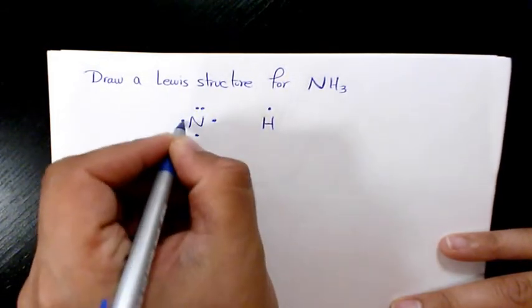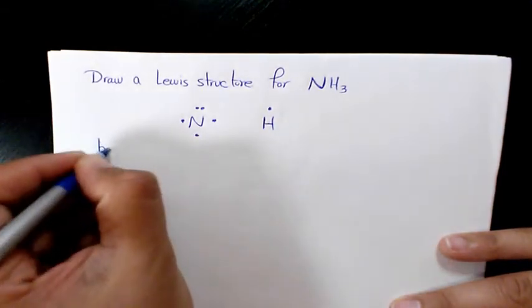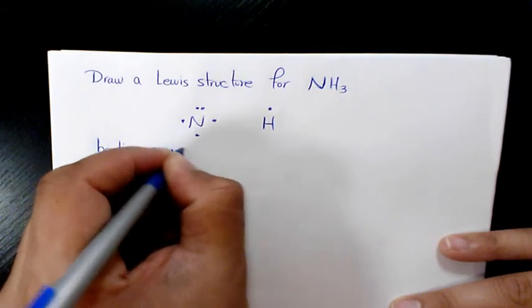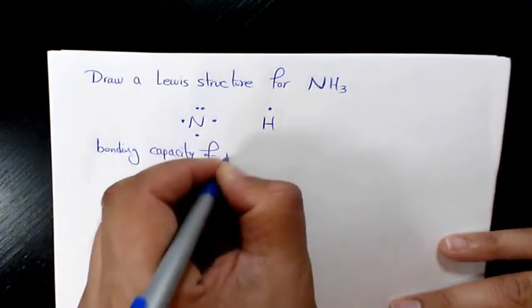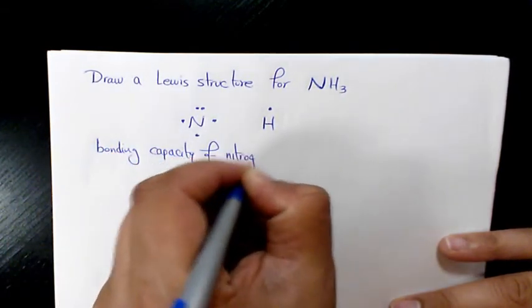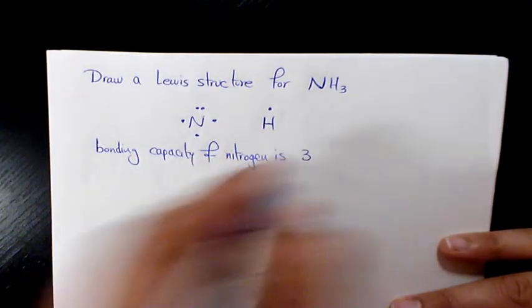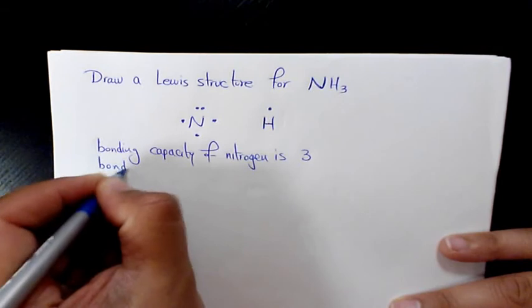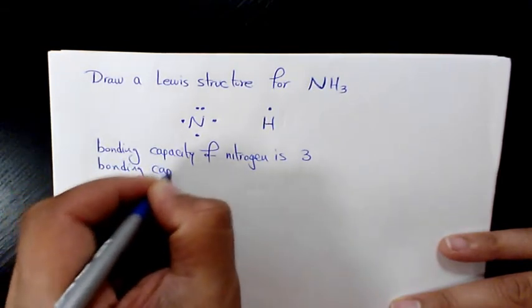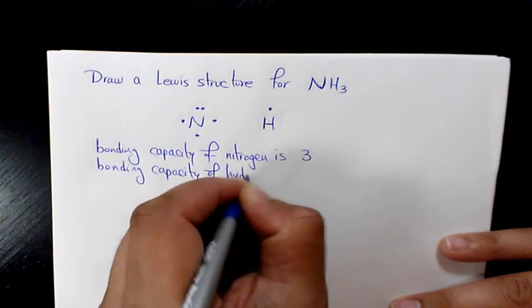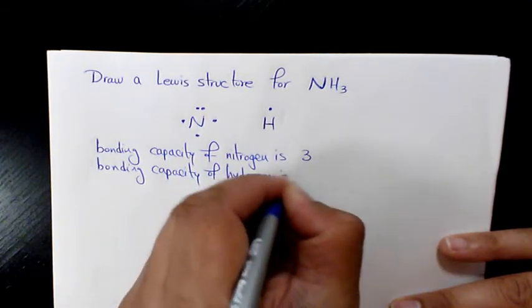We have 5 electrons, and the bonding capacity of nitrogen is 3, and the bonding capacity of hydrogen is 1.